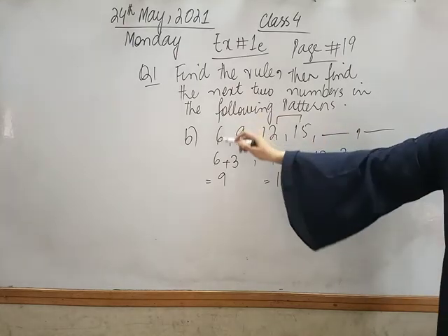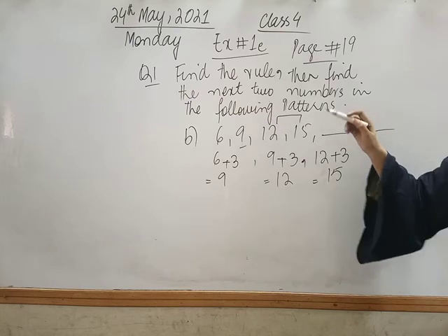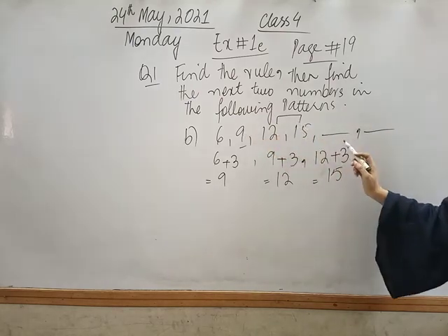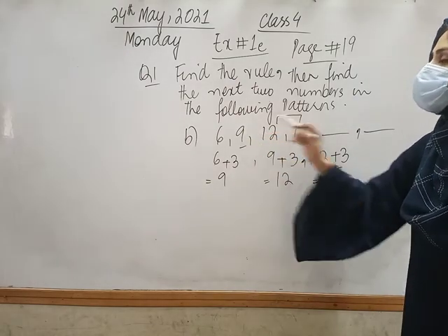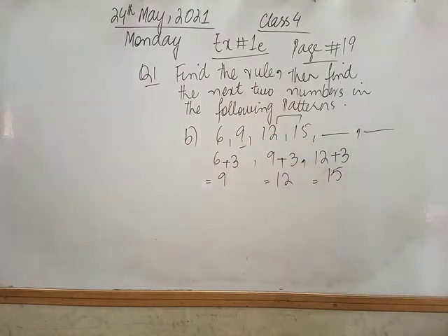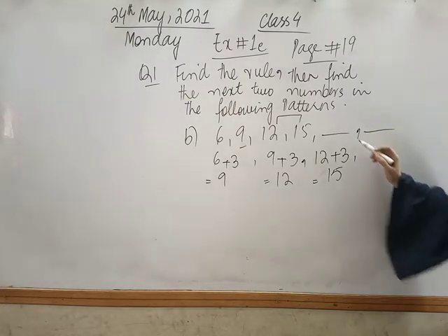If you look, the same number is repeating in this sequence, and it is a gap of 3. When you add 3 to 6 you get 9. When you add 3 to 9 you get 12. When you add 3 to 12 you get 15. Fine. So for the next number we have to find the next term.